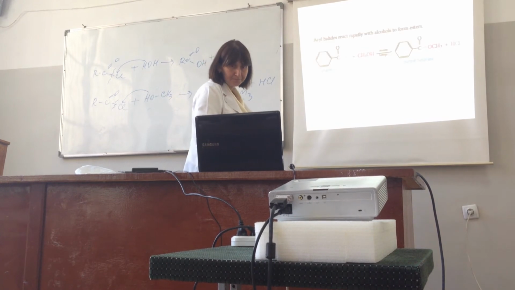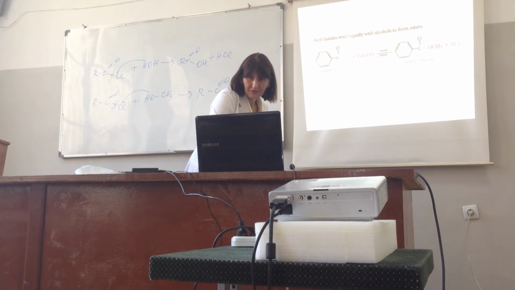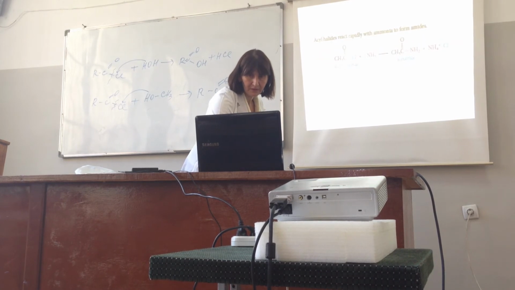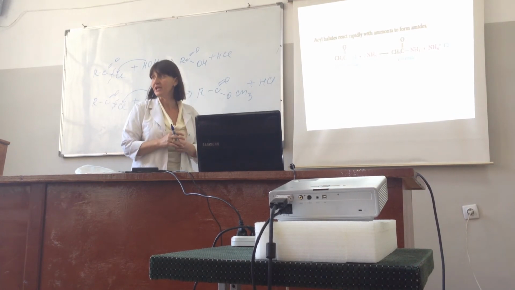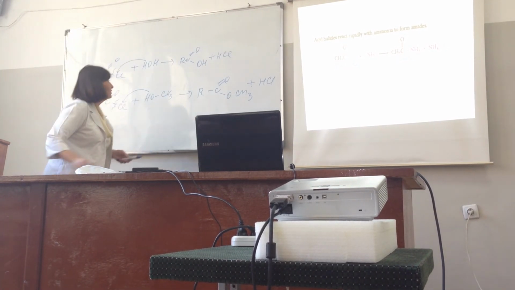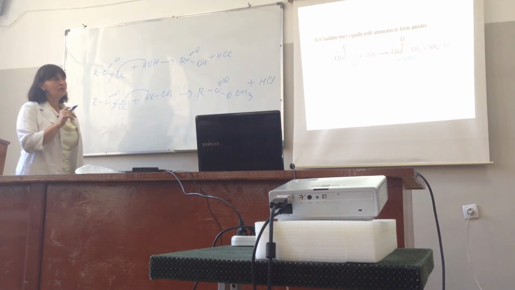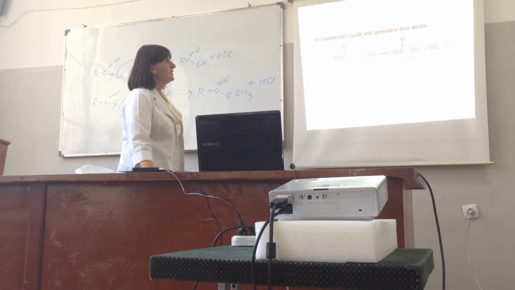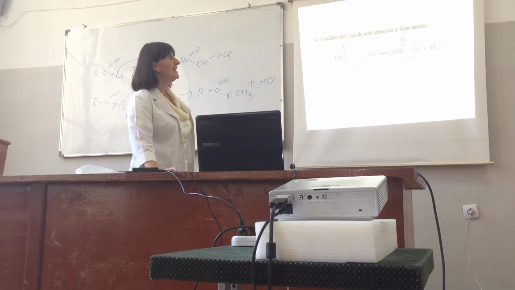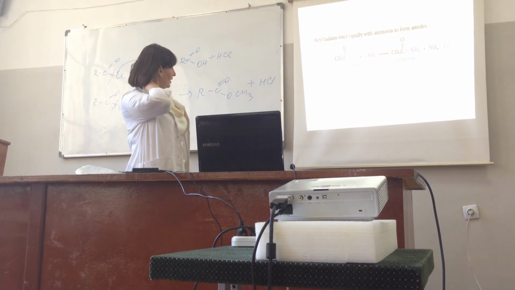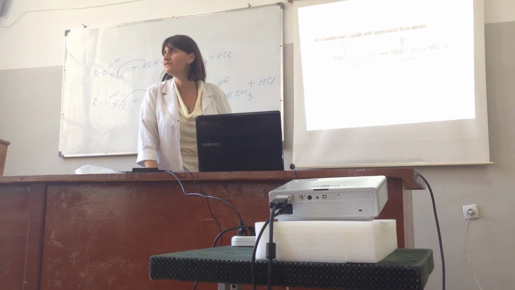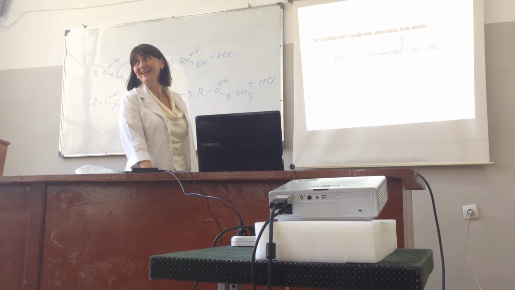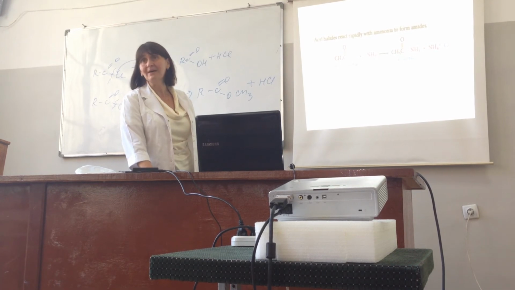Now, here you have some reactions of this one. Now, reactions of acyl halides with ammonia. Here we use 2 molecules of NH3, because the formation of HCl is not very good for this amine because it can react with HCl and give some salt.